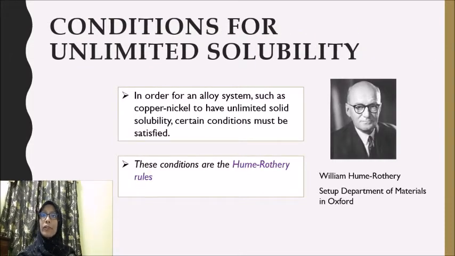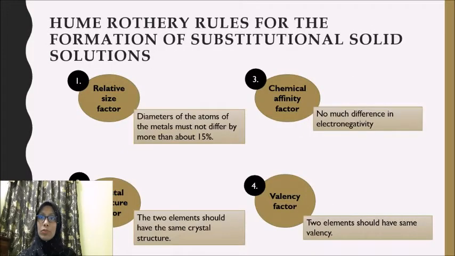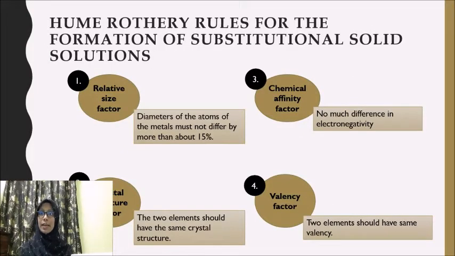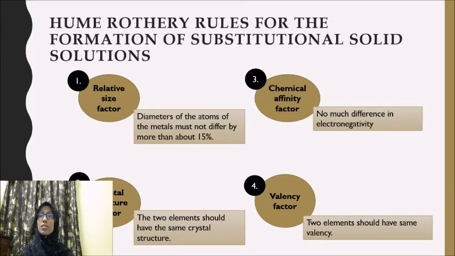The condition for unlimited solubility: in order for an alloy system such as copper nickel to have unlimited solid solubility, certain conditions must be satisfied. These rules are the Hume-Rothery rules. There are four Hume-Rothery rules for the formation of substitutional solid solution.